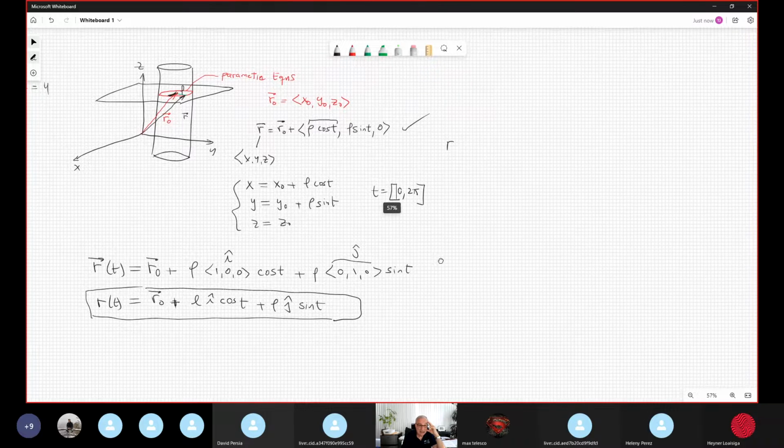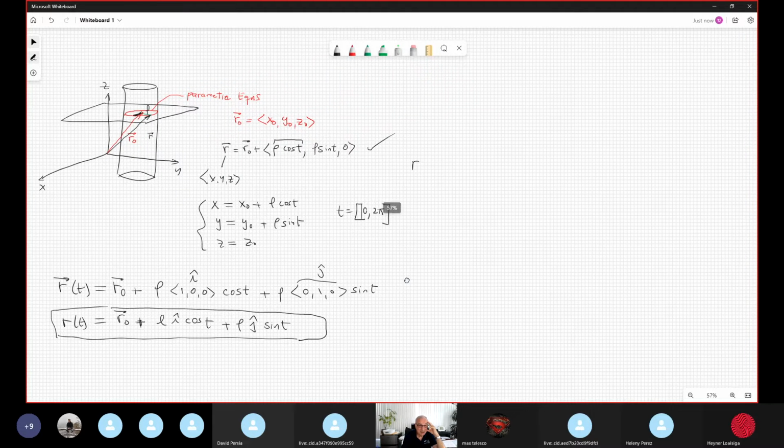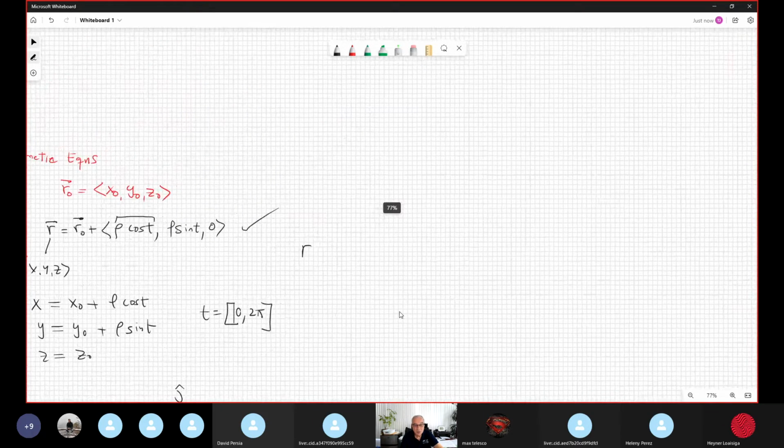But this was the easy case in which the plane is parallel to the XY plane. Pero suppose que no, que it's not parallel. Suppose another scenario, but don't worry too much. I explained this, but you see que this is relatively easy, at least in the example.